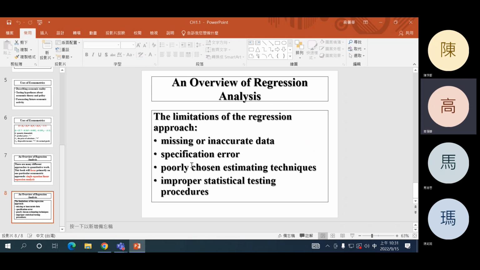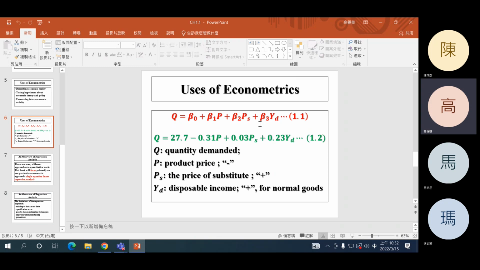The second one is specification error. This word is a special term in regression. When we say specification error, let's go back to here.